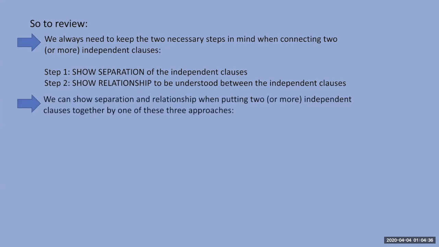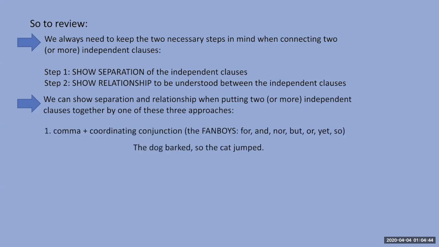We can show separation and relationship when putting 2 or more independent clauses together by one of these 3 approaches. 1, comma plus coordinating conjunction, otherwise known as the fanboys, for, and, nor, but, or, yet, so. For example, the dog barked, comma, so the cat jumped, period.